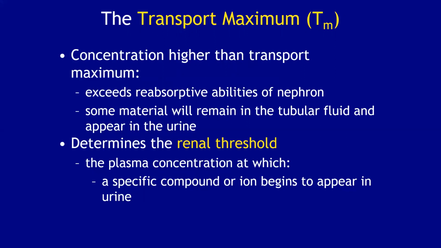So some material, such as glucose, will remain in the tubular fluid and then it shows up in urine. This transport maximum determines this threshold level. This is the plasma concentration at which a specific compound or ion or substance begins to appear in the urine.